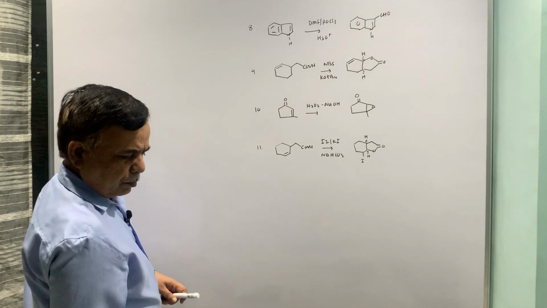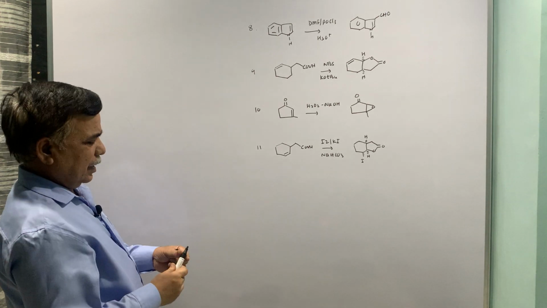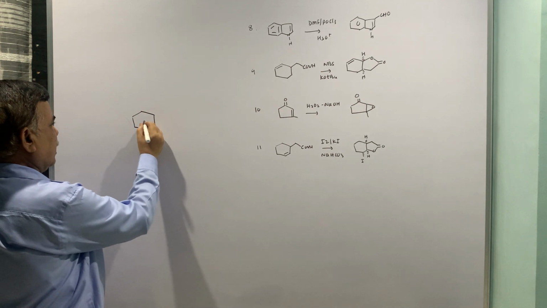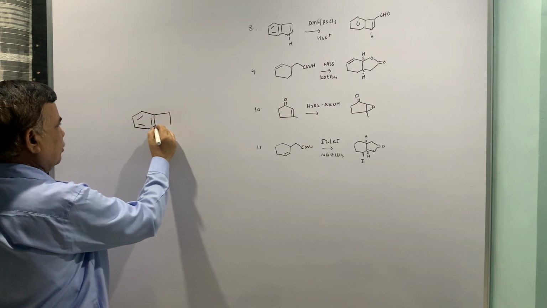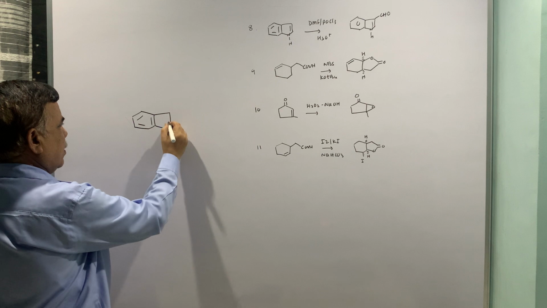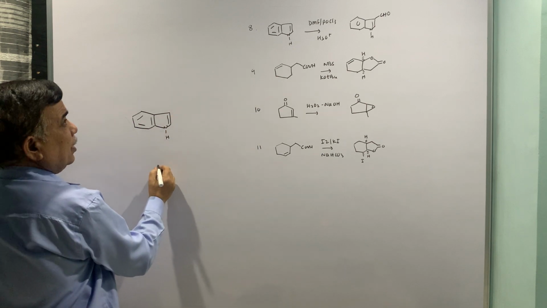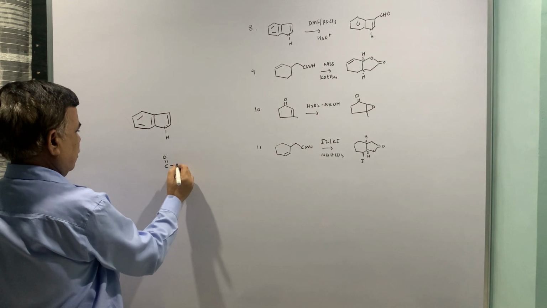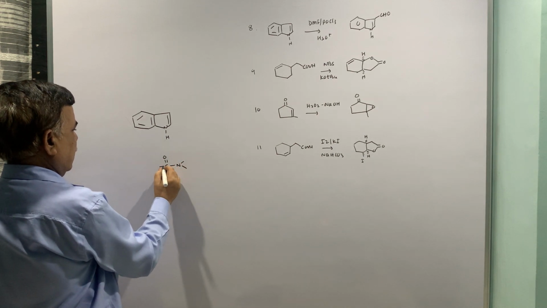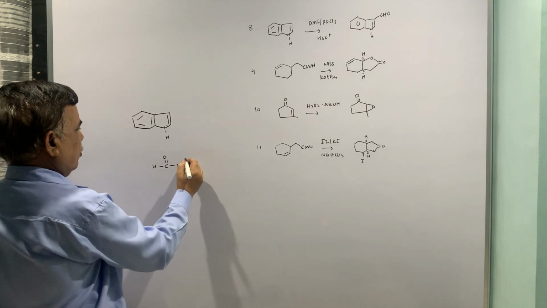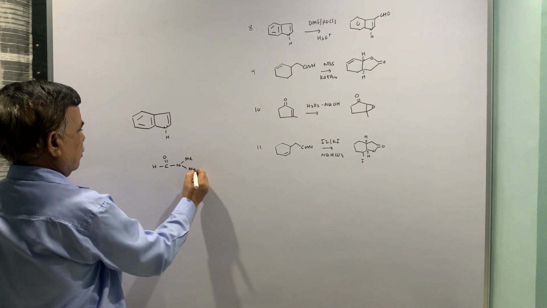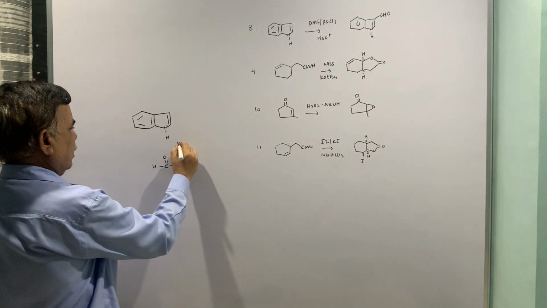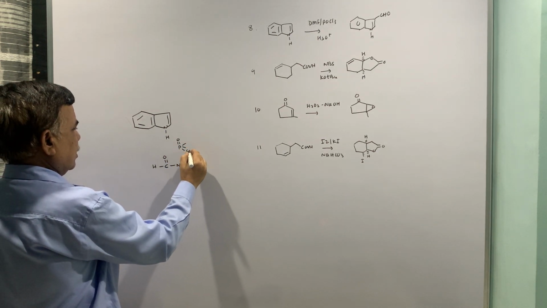Okay. Now moving on to 8th example, that is Vilsmeier-Haack reaction. So let me put the reagents first. N,N-dimethylformamide, then POCl3. We have written all these things.